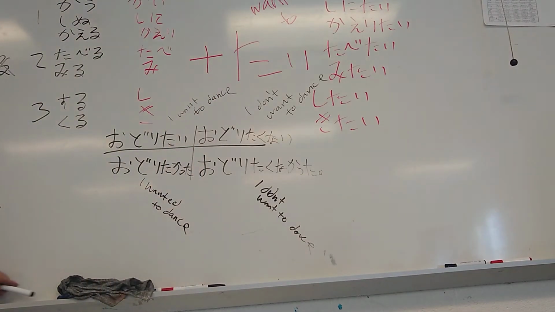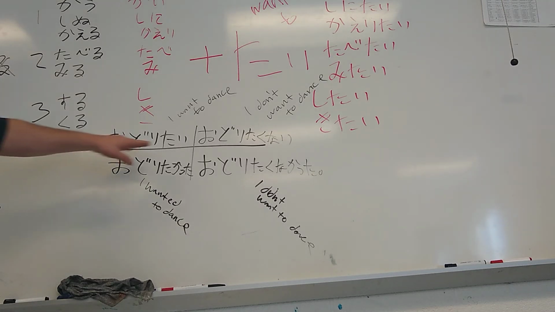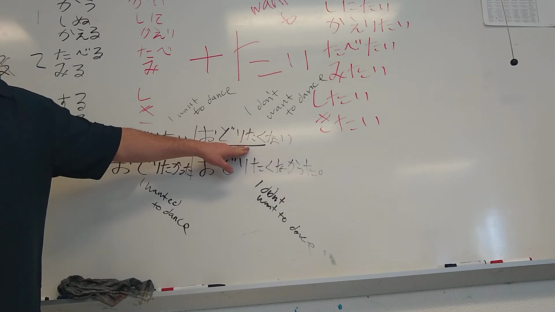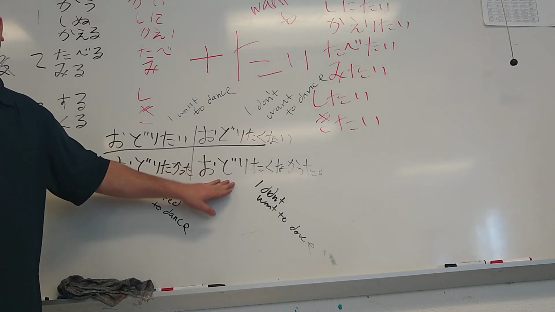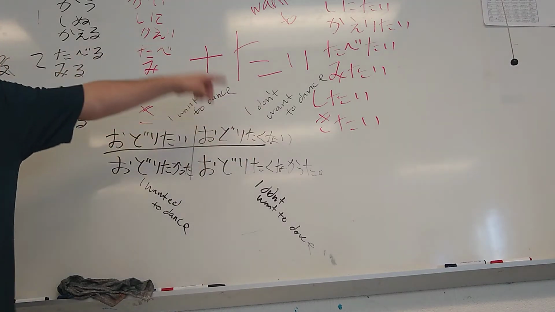And this works with any verb. If you just take the tai off, we could say 踊る、踊らない、踊った、踊らなかった, right? So you see how they almost mimic each other, these endings?